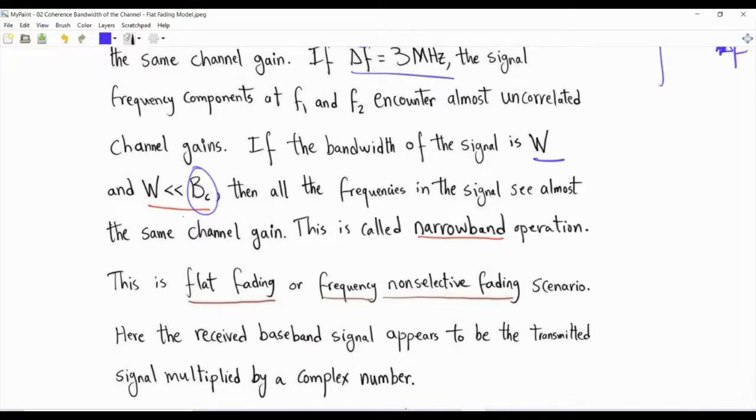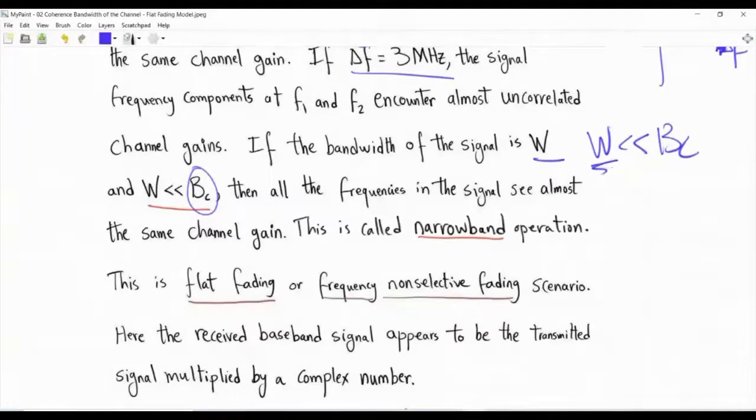If you take any two spectral components in the signal, they are within W from one another, so they will be separated by much less than the coherence bandwidth of the channel. So for a signal with a W that is much less than B_C, all spectral components of the signal will encounter almost the same channel gain.